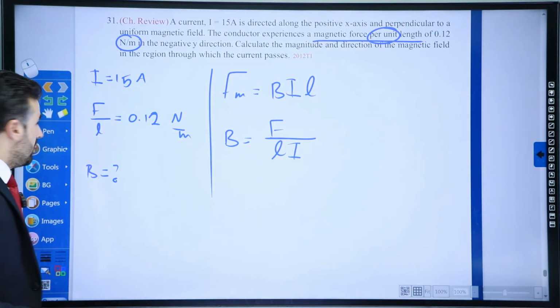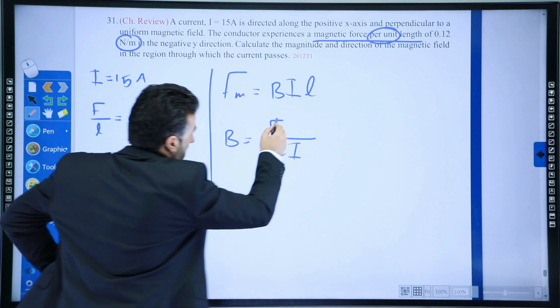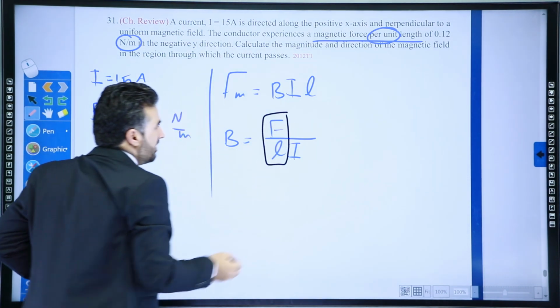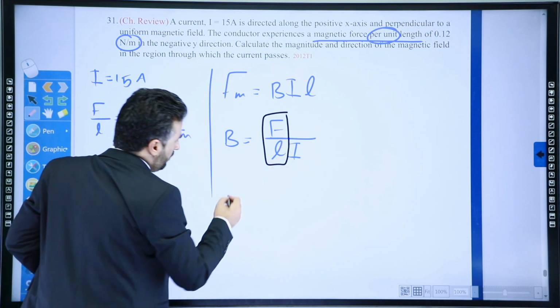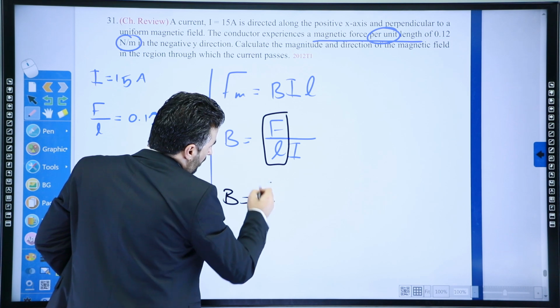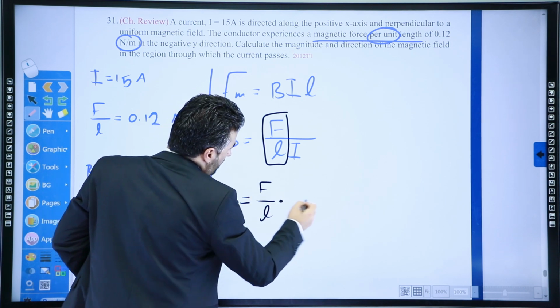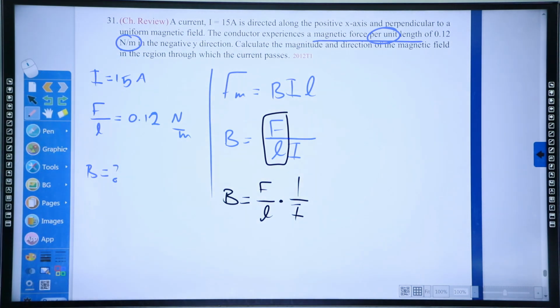But watch this, guys. The question tells you force per unit length is given. That means these two parts together are given to you. In other words, I can rewrite this as B equals force divided by the length, multiplied by 1 over the current as well.